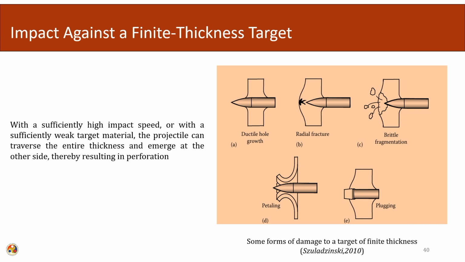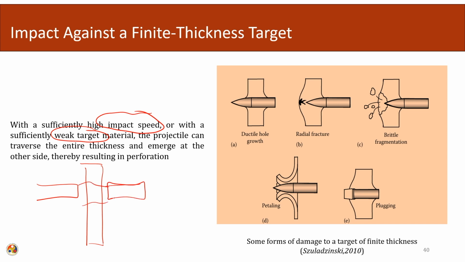If the impactor has a high speed, or if the target is weak, then there is a chance of perforation. Perforation simply means that when a missile or an impactor hits a target and the target is fully penetrated, we term this phenomenon perforation. If the penetration is partial, then this phenomenon is known as penetration only.